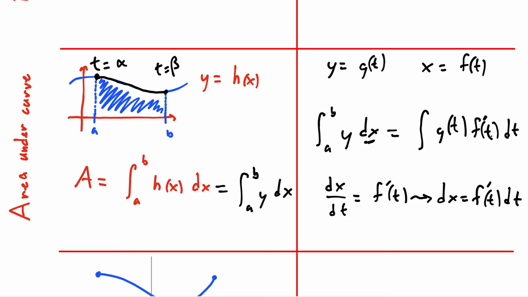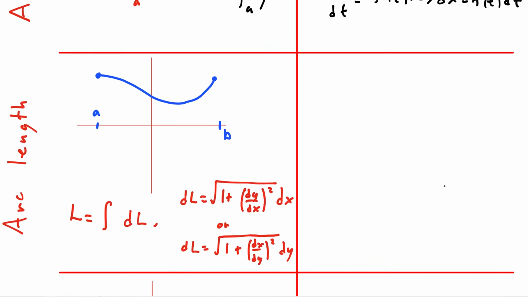This integral is all in terms of the variable t. And as x ranges from a to b, t ranges from alpha to beta. So this expression gives us the area under a curve. Once again, we're being a little bit sloppy with how we handle the notation, but the intuitive idea should make sense from this. Let's talk about arc length.